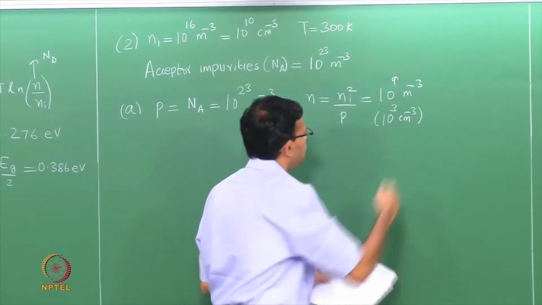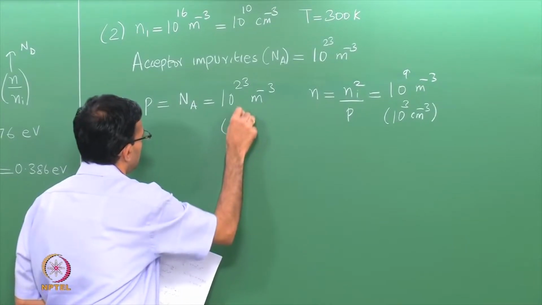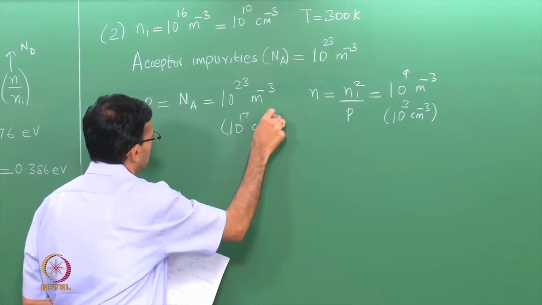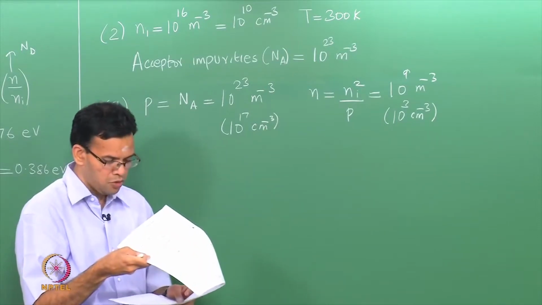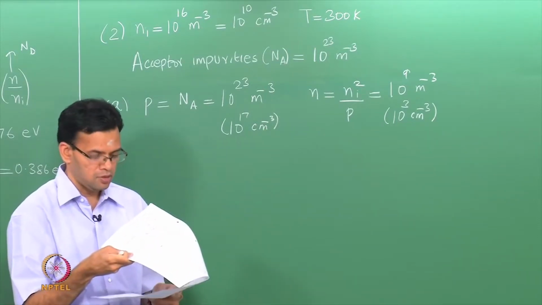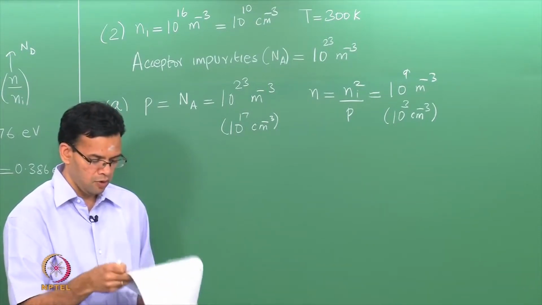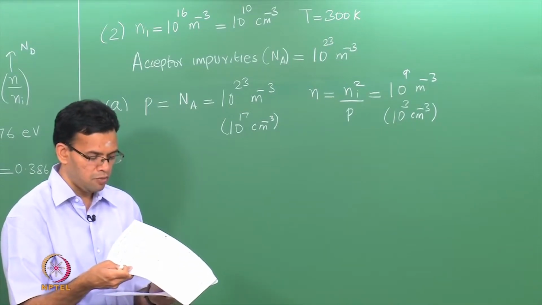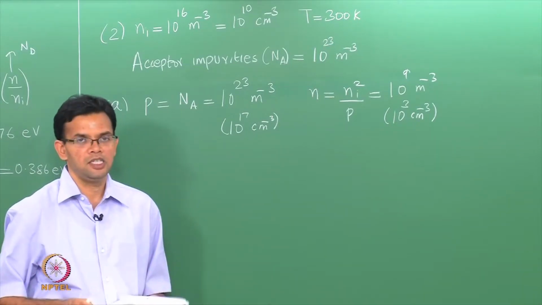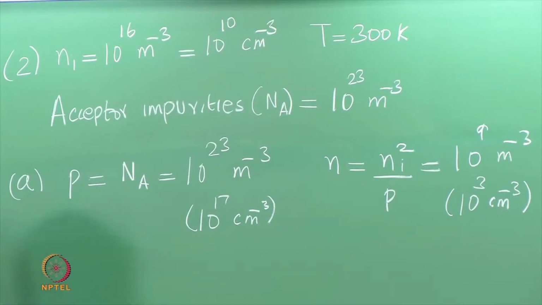So, this is 10 to the 3 per centimeter cube, and this is 10 to the 17 per centimeter cube. Assuming that the effective masses of electrons and holes are equal to the free electron mass, calculate Eg, the band gap, and Ef, the position of the Fermi level.